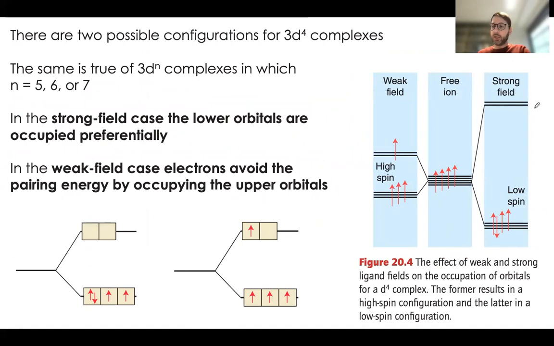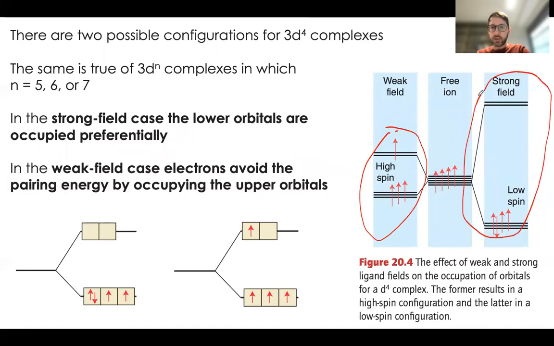So there are these two possible configurations, weak field case and strong field case, for a d4 configuration, but also the same is true for other 3d^n complexes, 3d5, 3d6, and 3d7, in which we can have both weak field or strong field case.